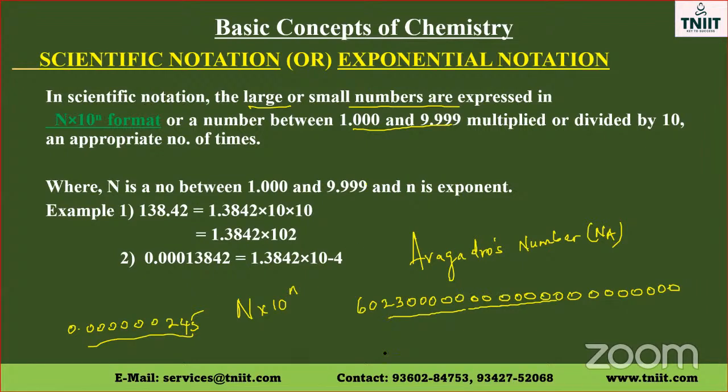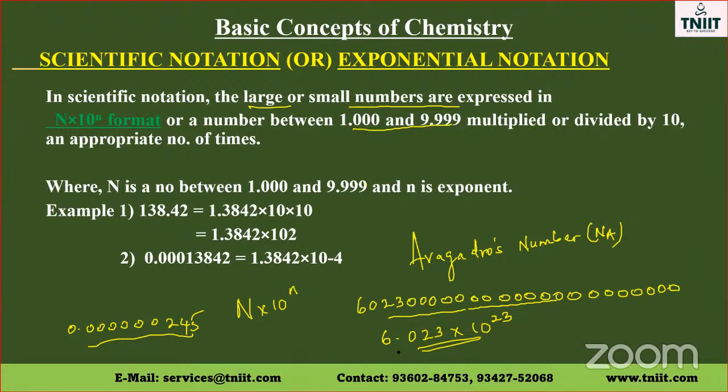For example, take 6.023 followed by 23 zeros. We can write this as 6.023 into 10 to the power 23. This is the scientific notation of Avogadro's number. Instead of writing this large number, we can represent it in this format.